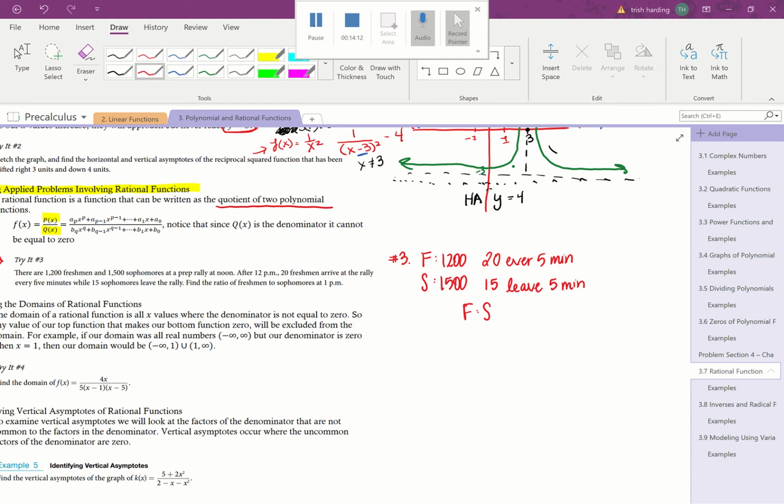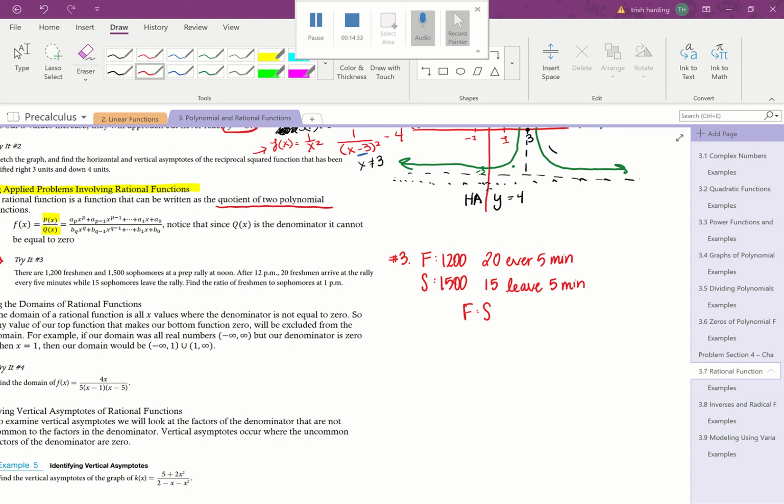So what we're going to do is we're going to end up with some type of function that is a polynomial here. Now, if we start out with 1,200 students, these relationships can be expressed linearly as a line, right? Because it's just a solid rate of increase or a solid rate of decrease.